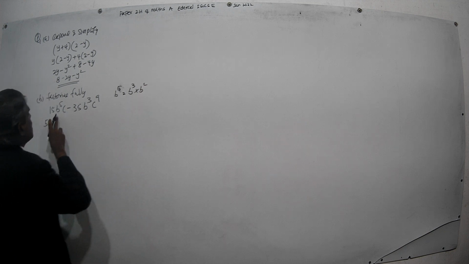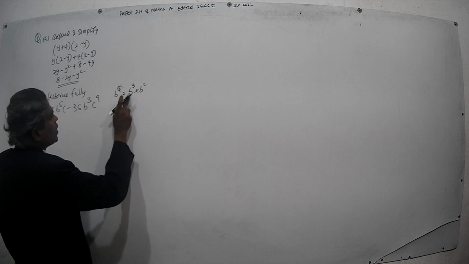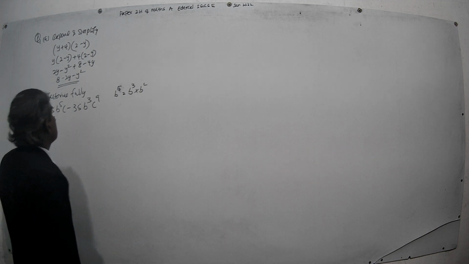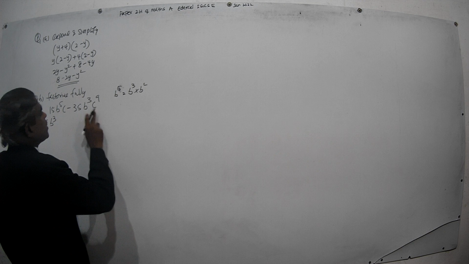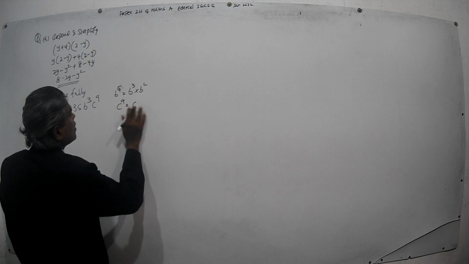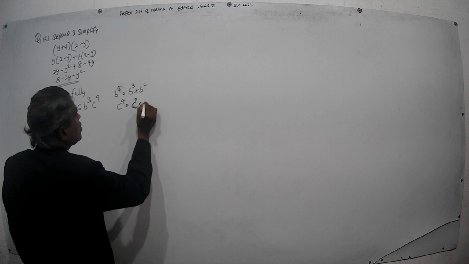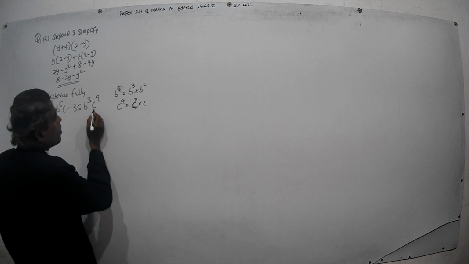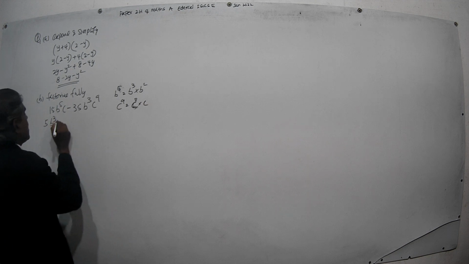So b to the power 3 is a factor, therefore b to the power 3 is taken out. Then c to the power 9 you can write as c to the power 8 into c. So c is a common factor. Take that c also out.